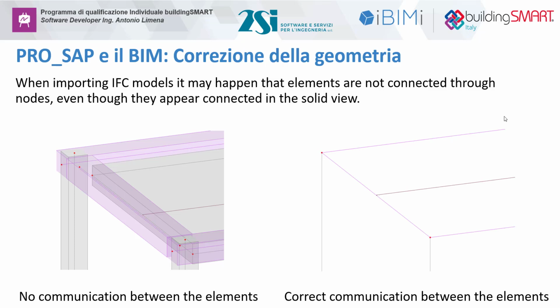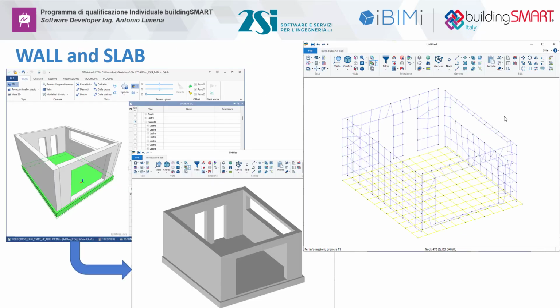But it doesn't work in the FEM model, because in the FEM model, each element needs to have its axis connected with a node to the axis of the other elements. Just try to think about that, because it is very important, and later we're going to see it even better.